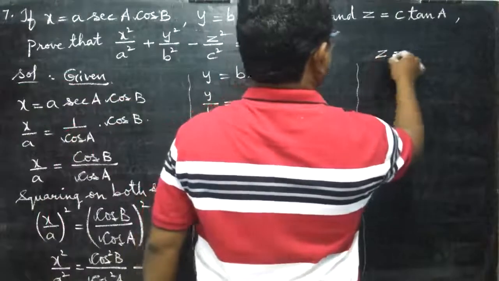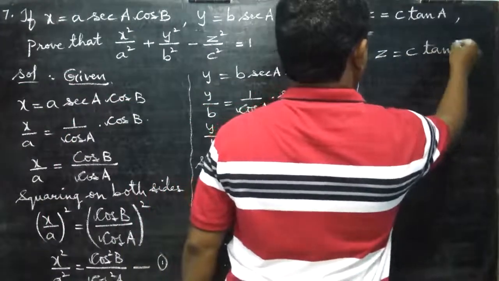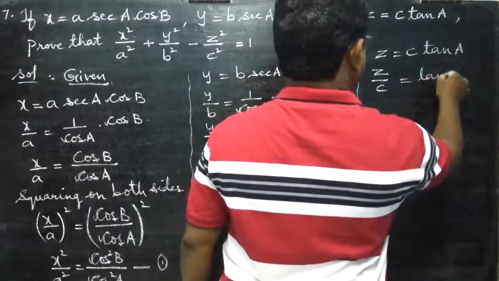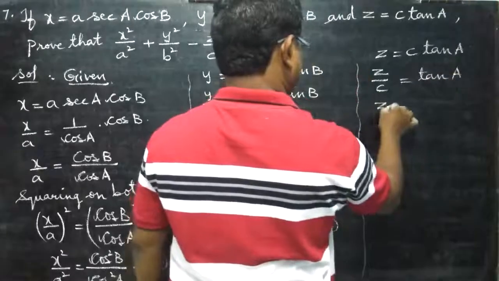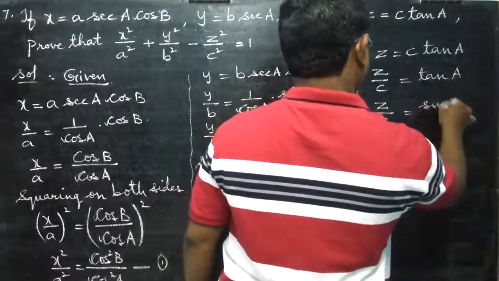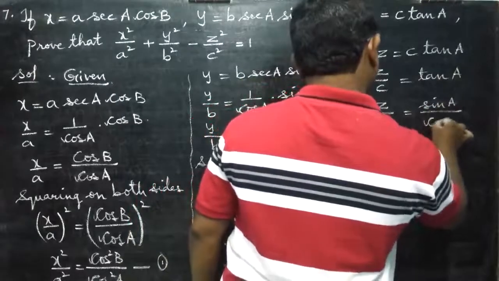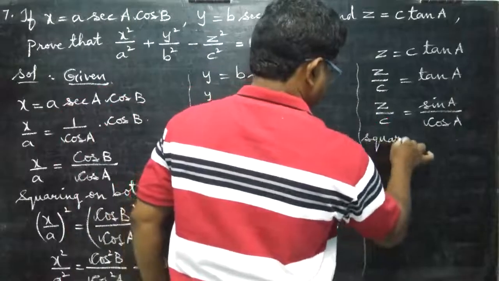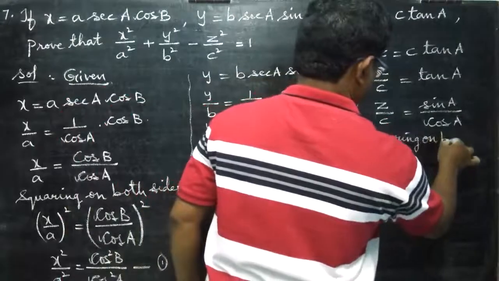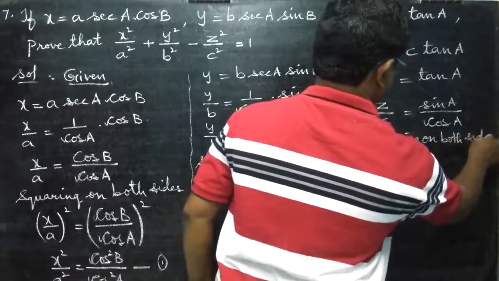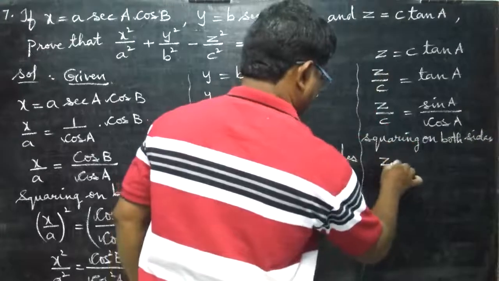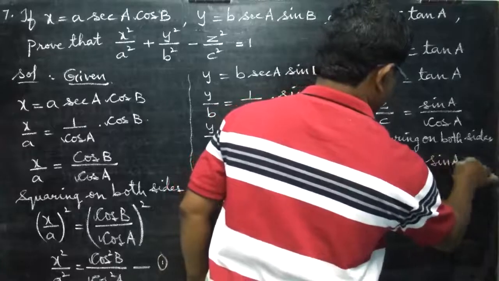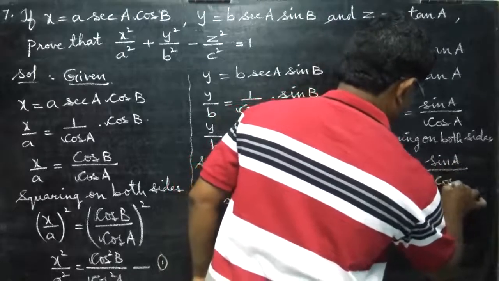z is equal to c tan A. Variables: z by c is equal to tan A. Tan A, how can we write? Sin A by cos A. Convert into sin A by cos A. Here also square only, so squaring on both sides. z by c whole square is equal to sin A by cos A whole square.